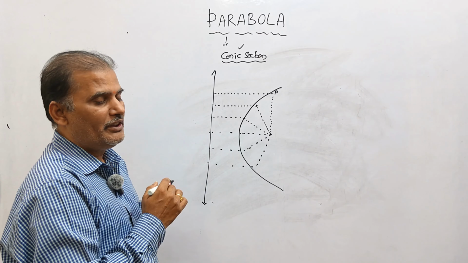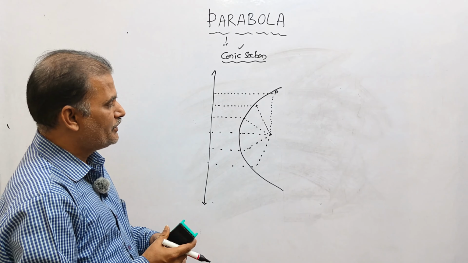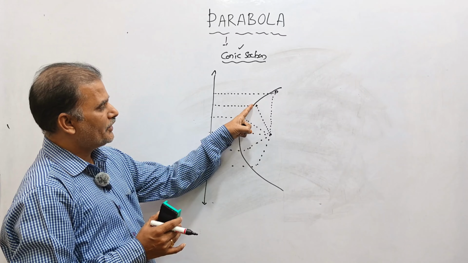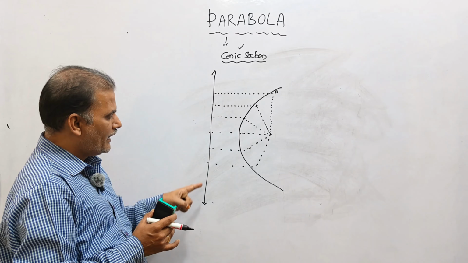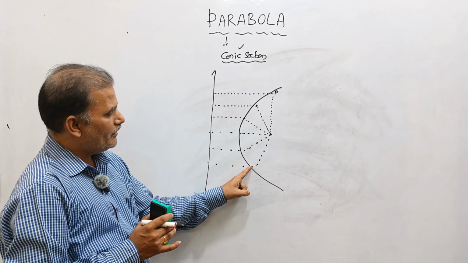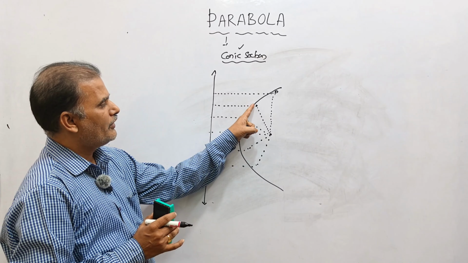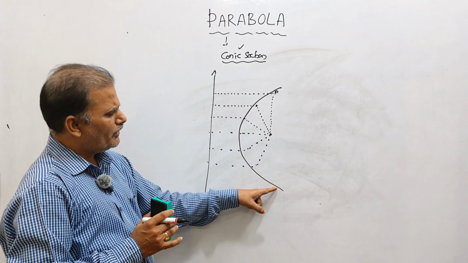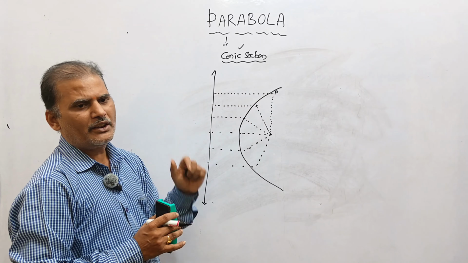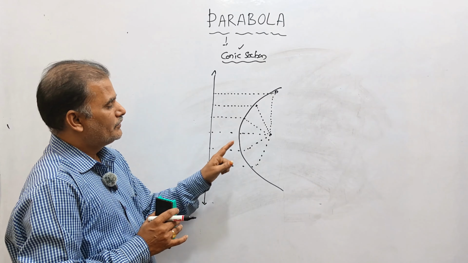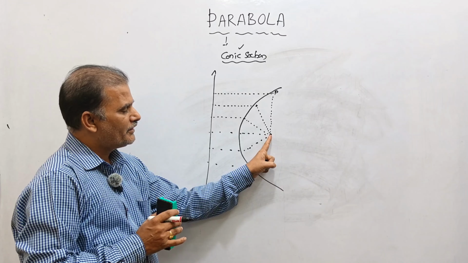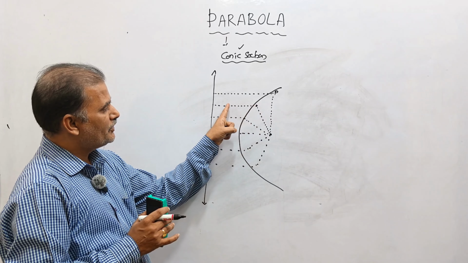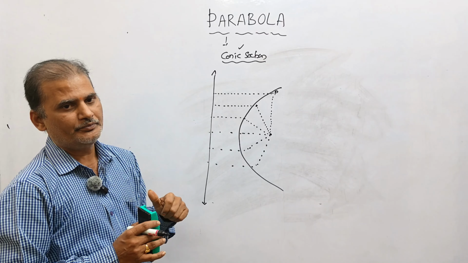In each case we discussed the distance from the fixed point to the point, and its perpendicular distance to the fixed line. The locus of all points moving in a plane, such that the distance from the fixed point to the point is always equal to the perpendicular distance to the fixed line.